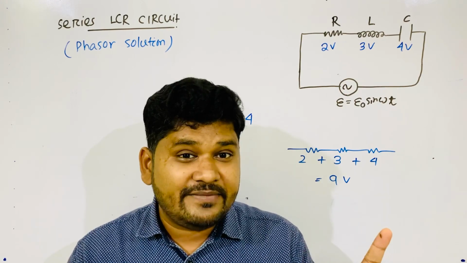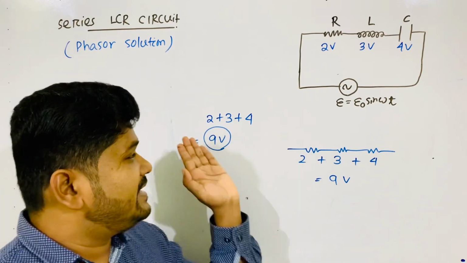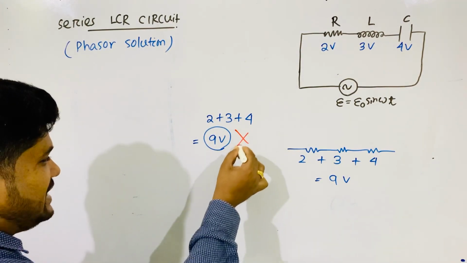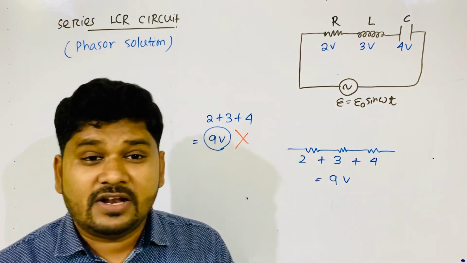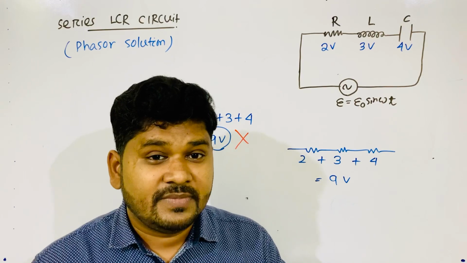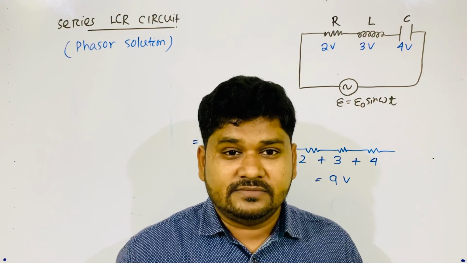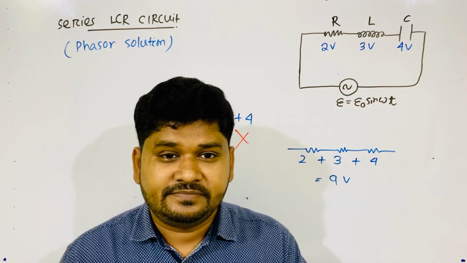They are not in the same phase, so you cannot add them algebraically. You cannot add them algebraically because they are different circuit elements. In the phasor diagram, they don't lie in a common line. There is a phase difference between them.